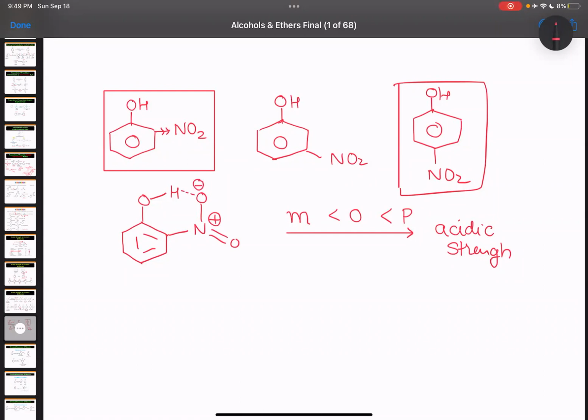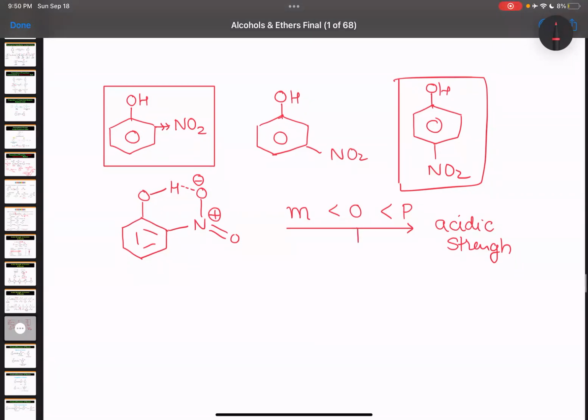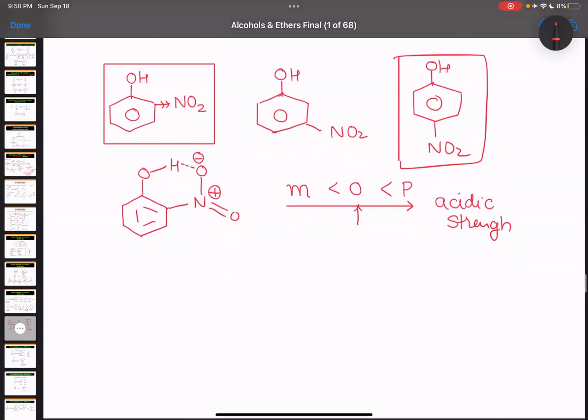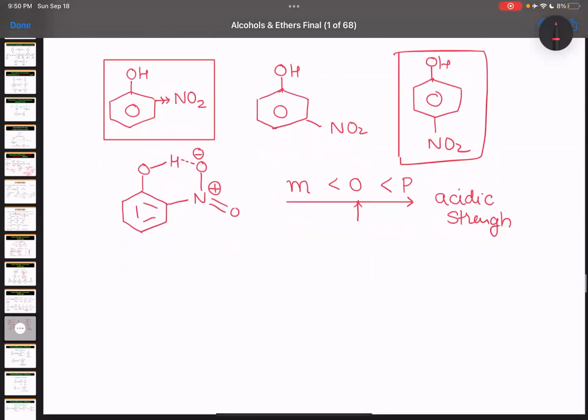It is getting attracted by O minus of NO2, so it becomes difficult for this H plus to come out. But in the para-nitrophenol, that is not going to happen because NO2 and OH are far apart. So that's why this ortho is a bit less acidic than para. Though we expected it to be more acidic, due to intramolecular hydrogen bonding, its acidic strength decreases. Clear? Yes, sir.